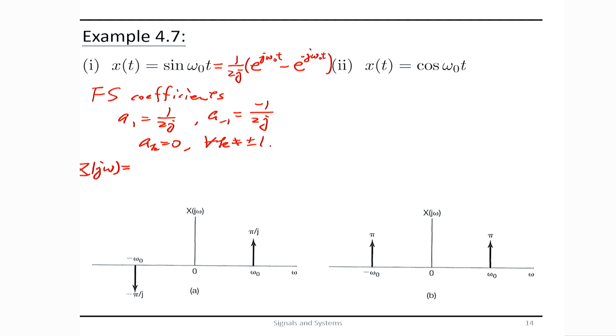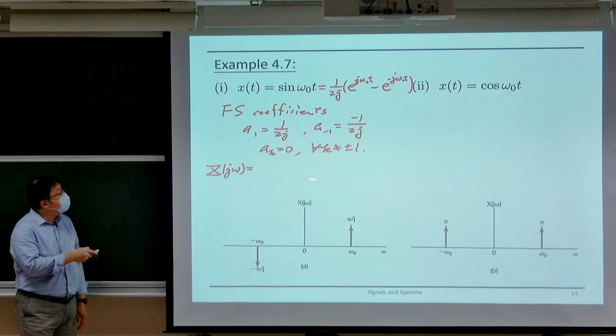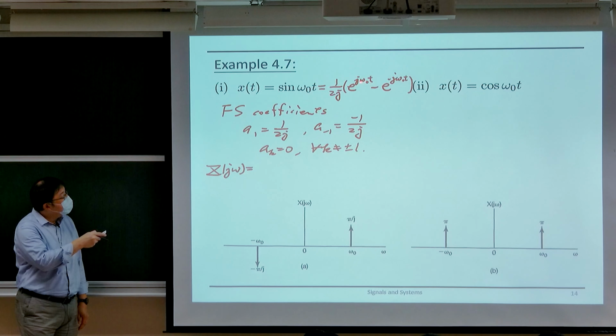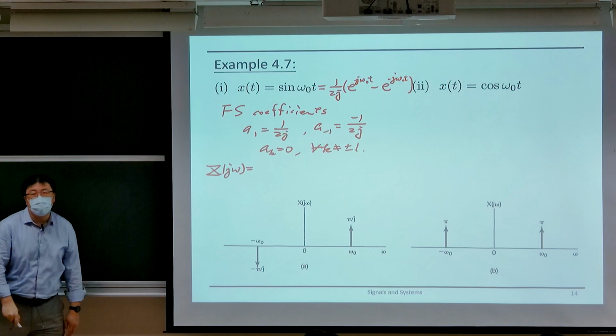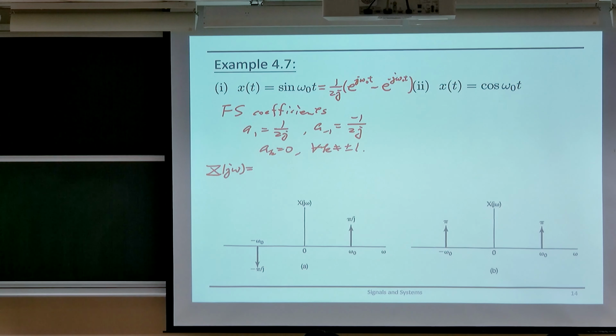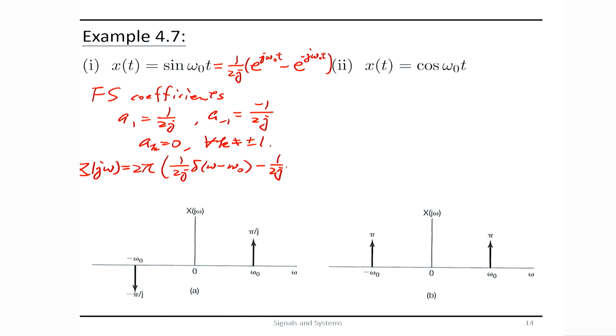So then the spectrum should be just a summation of two delta functions at the frequencies omega naught and minus omega naught respectively. So you should have 2 pi times 1 over 2j delta omega minus omega naught, minus 1 over 2j delta omega plus omega naught.